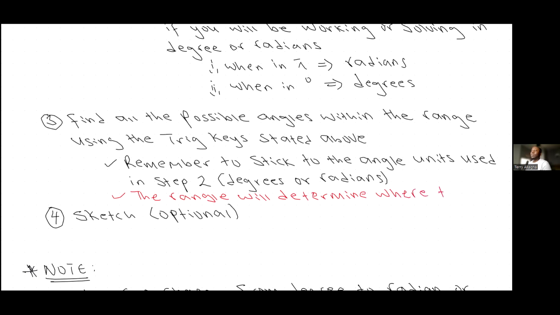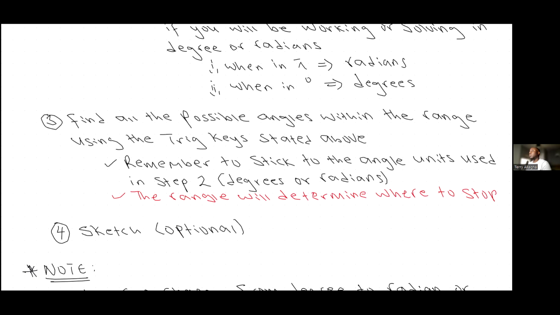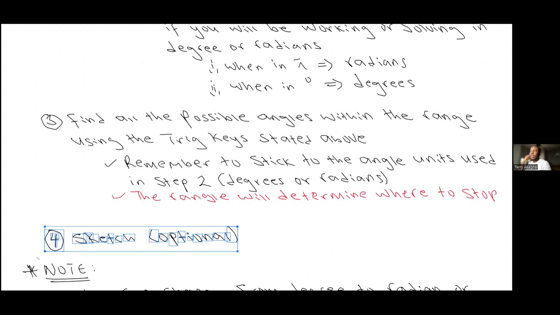Depending on the value you have, it is going to determine where you're going to stop. Is that okay? So that's what the range is going to do.